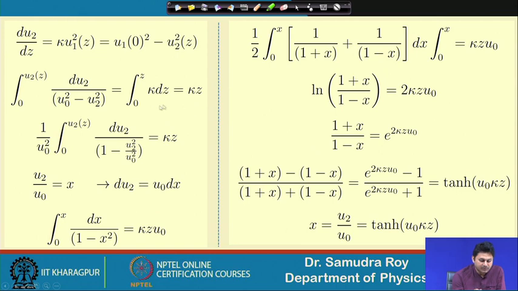So kappa dz will be integrated and we will have kappa z. On the left hand side, I can manipulate this term: I take u0 square common. So 1 by u0 square will be here, du2, and then 1 minus u2 square divided by u0 square is the term we have. On the right hand side, kappa z as usual.